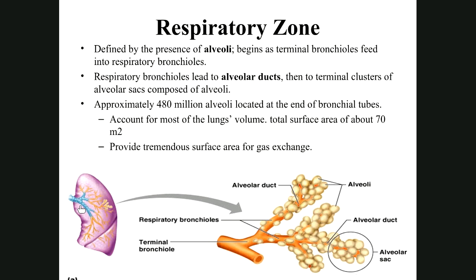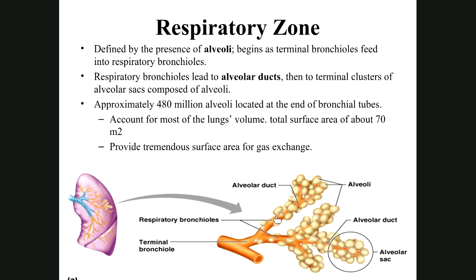So these are the bronchioles, and now you see all these yellow structures. These yellow structures are the segmental branches. So what are they called? They are the segmental branches of the bronchioles.